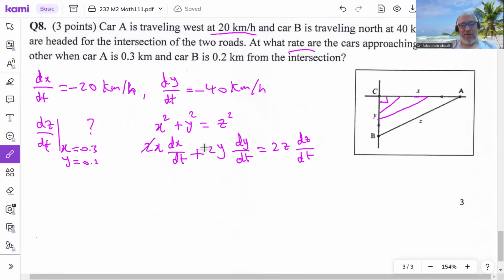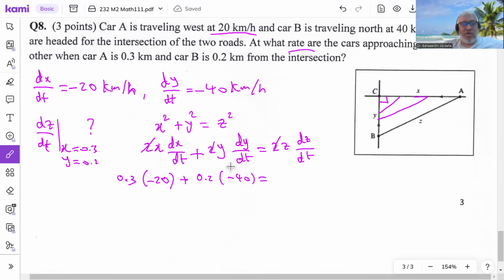I can divide all terms by 2 here. I can cancel the 2 from all three terms. And now I can replace x by 0.3, and dx by dt by negative 20, and y by 0.2 and dy by dt by negative 40. Now what about z?